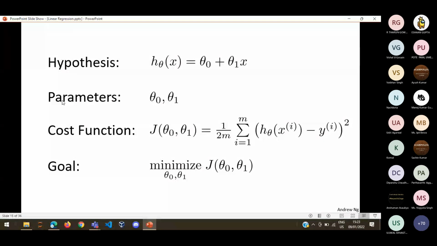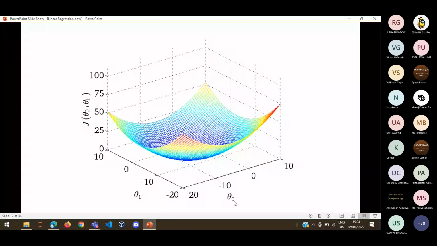With respect to a single parameter, when you plot this cost function, you get this parabola, right? But when you plot in 3D, with the first axis being theta naught, the second theta1, and the third the cost function value, you will get this contour plot in 3D, and it will have some minima below here, at which your cost function value will be minimum for those values of theta naught and theta1.